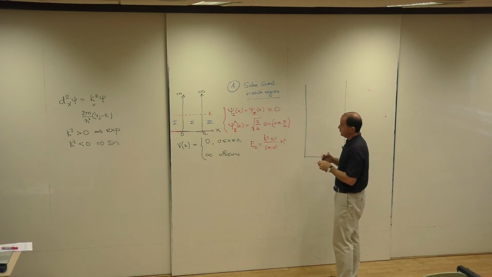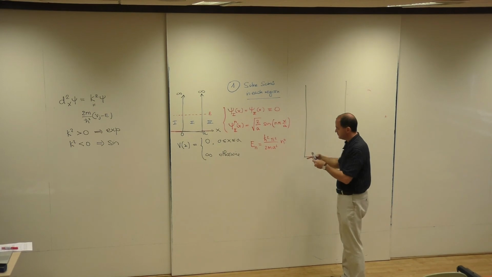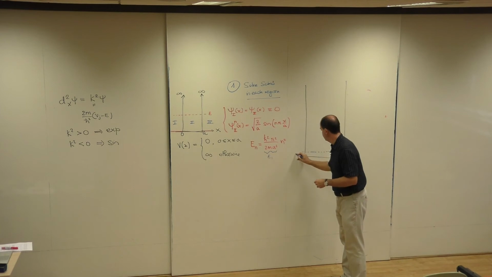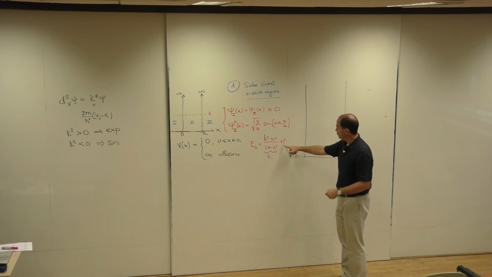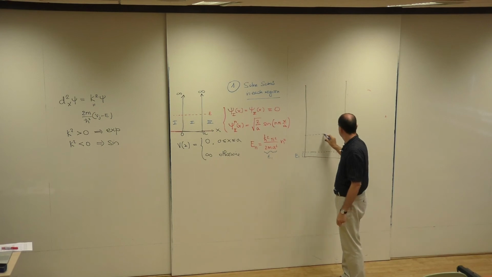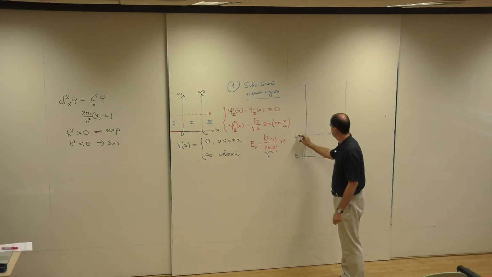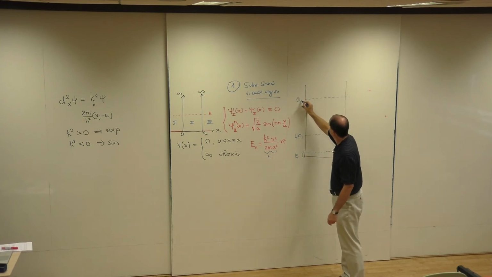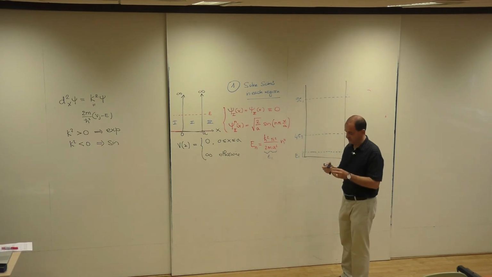And the first energy will be somewhere here, whatever this number is, E1. Then the second one will be at 4 times E1, somewhere here. The next one will be at 9 times E1, and so on and so forth until infinity.